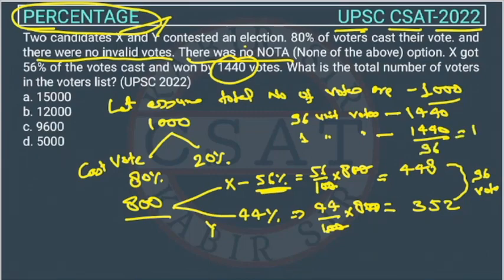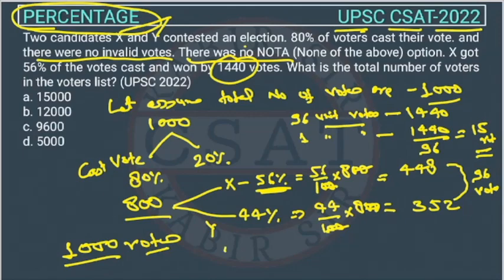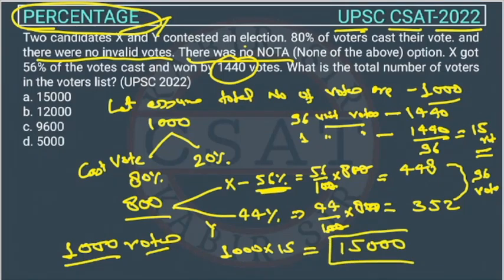So this will come out 15 votes, right? So one unit of vote we consider is equal to 15 votes. So we consider how many votes initially? We considered 1000 votes, but we know that one unit is equal to 15 votes, right? So total will be 15,000. So the answer is option A.